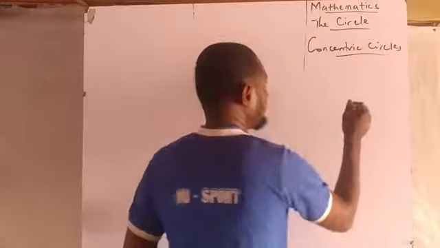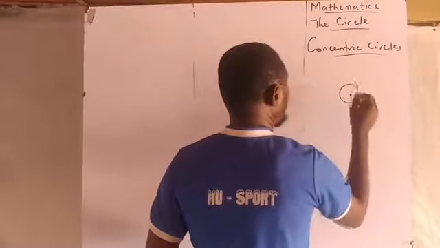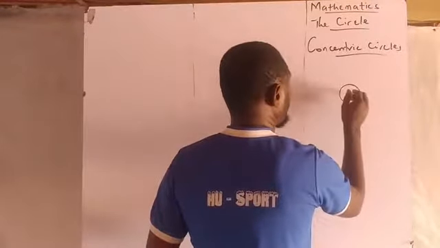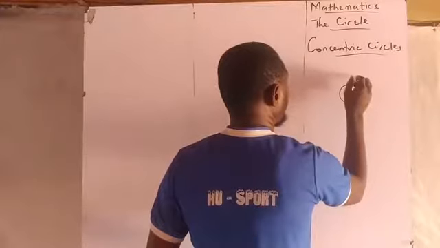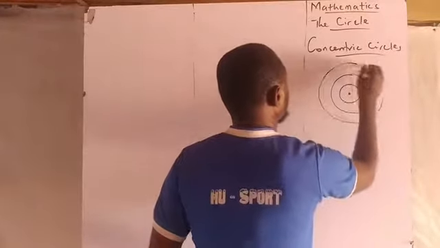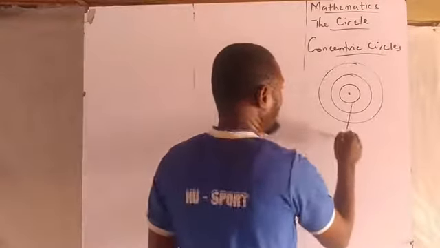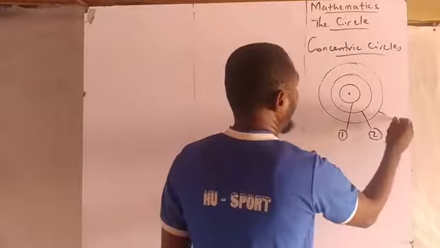Look at this. You see? 3 circles. Circle 1, 2, and 3.